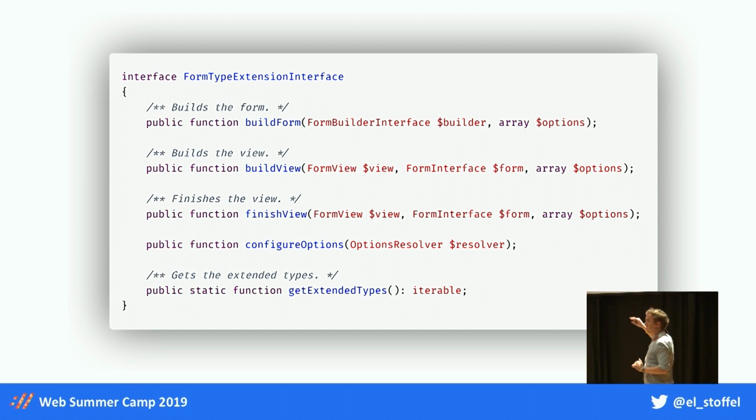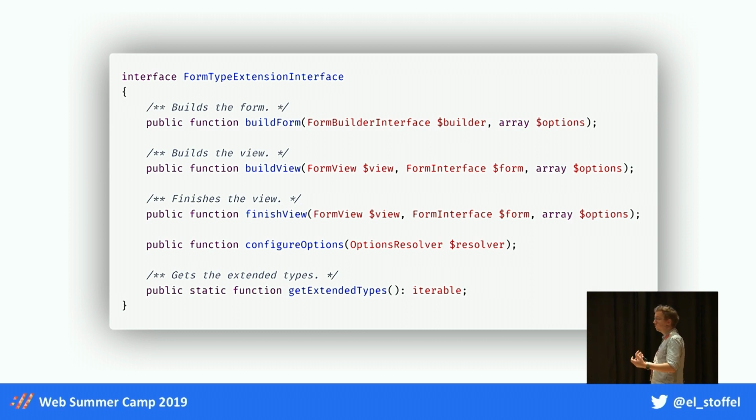But we have a get extended type. We can extend multiple types and change their form or view or options. And we can, for example, extend types that we even did not define ourselves.